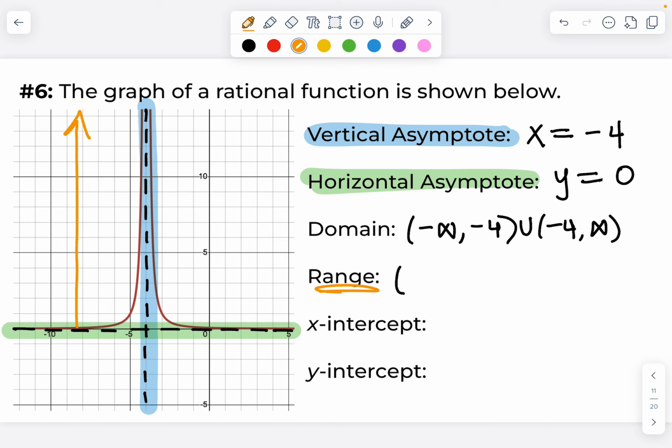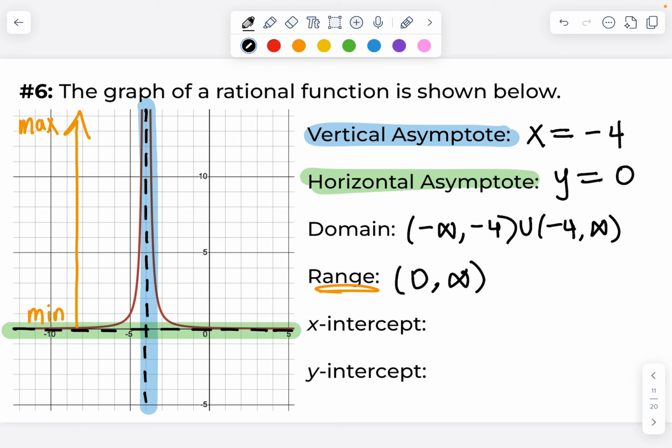So my min to my max is going to be from 0. And again, I'm doing a parenthesis at 0 because I don't actually equal 0, because I'm just going to get really, really close to y equals 0, but never actually cross that line or equal it. And then I'm going up to infinity for my range. And again, remember, infinities always get parentheses.